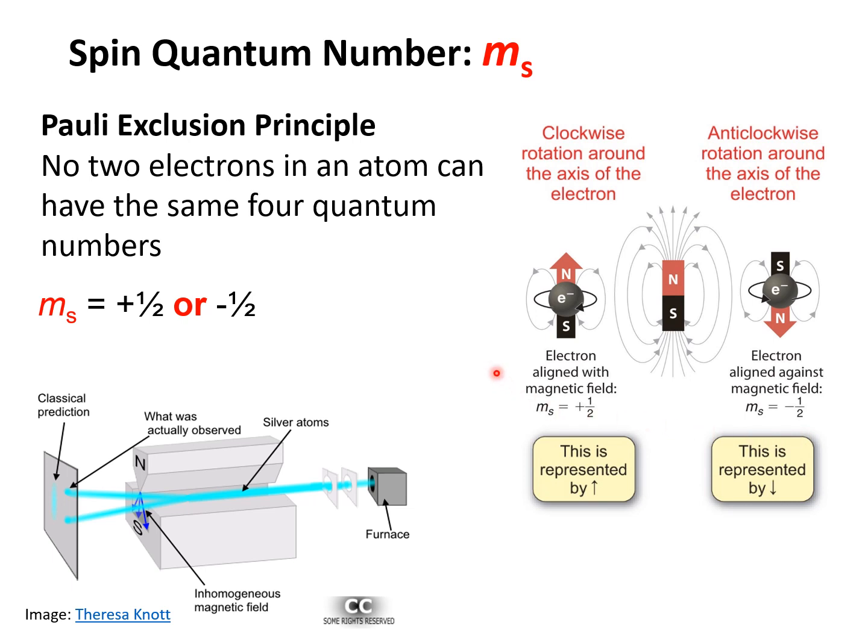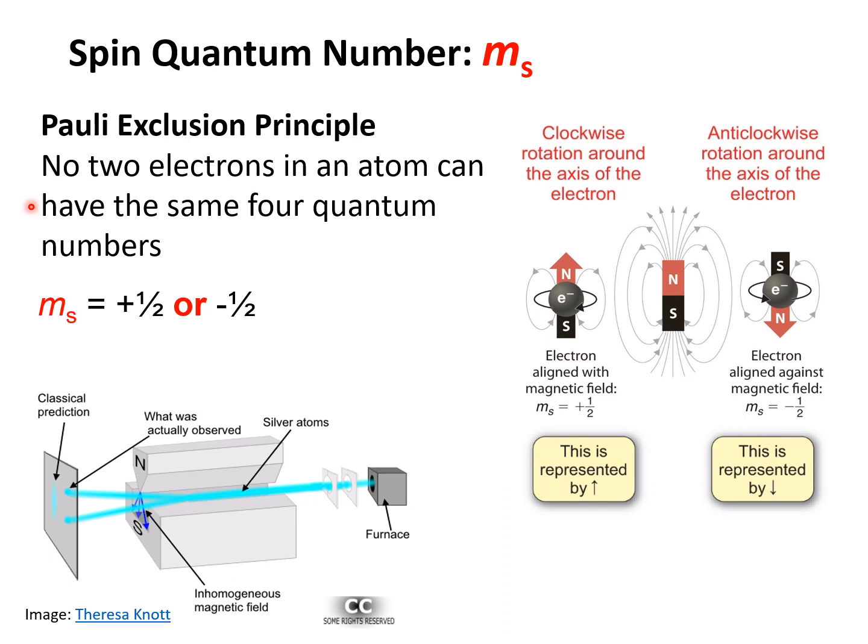And this leads us to a very important concept, which is the Pauli exclusion principle, which states that no 2 electrons in an atom can have the same 4 quantum numbers. And by quantum numbers here, we mean n, l, ml, and ms. So no 2 electrons in an atom can have the same values for n, l, ml, and ms.